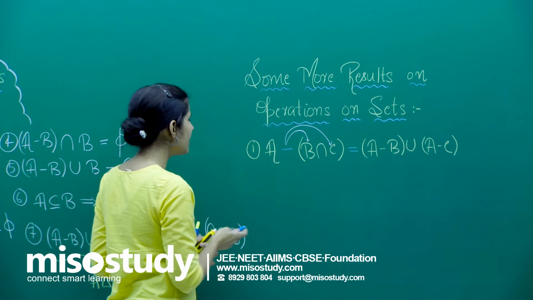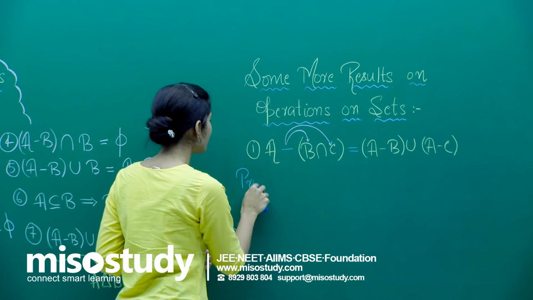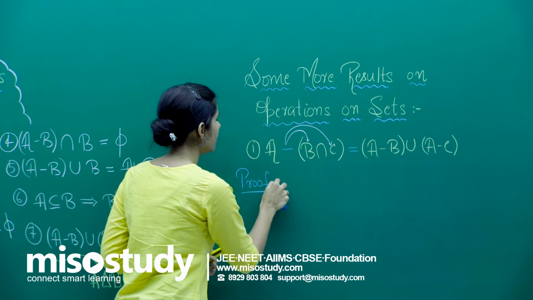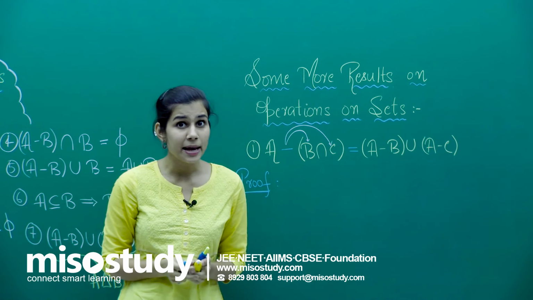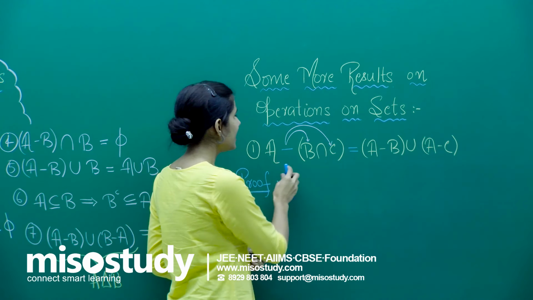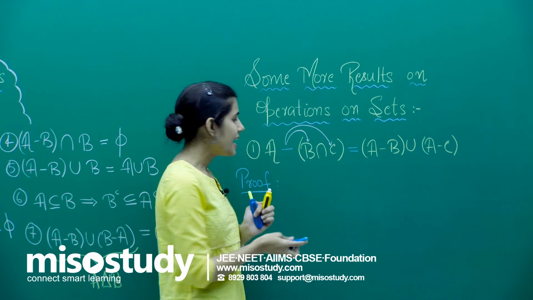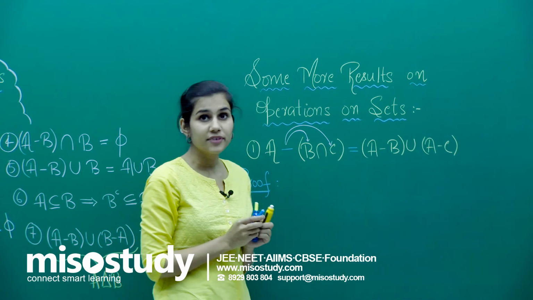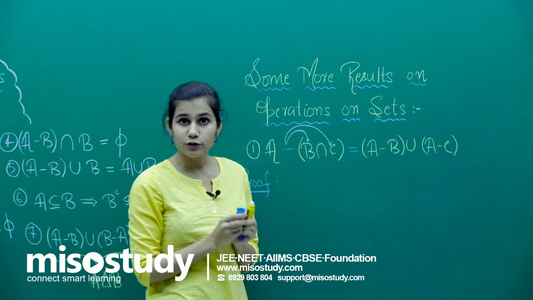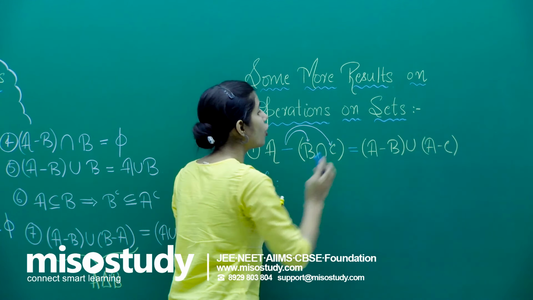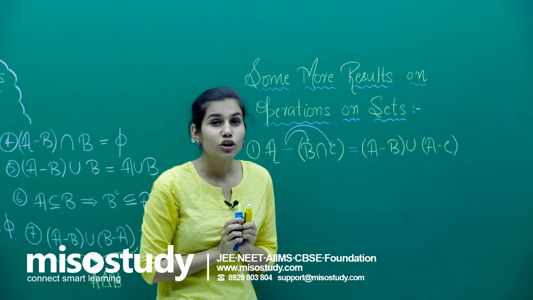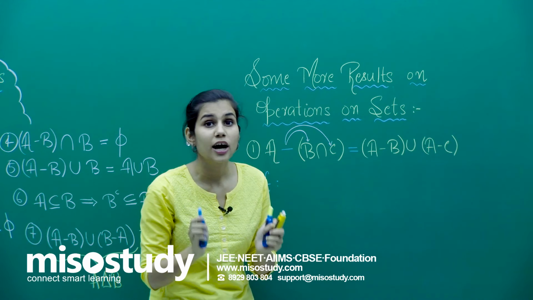Now, what do you think is the formal proof of this particular claim? For this, let me start with an element belonging to the left hand side, and I will have to show that the same element belongs to the right hand side because I am using a fact.